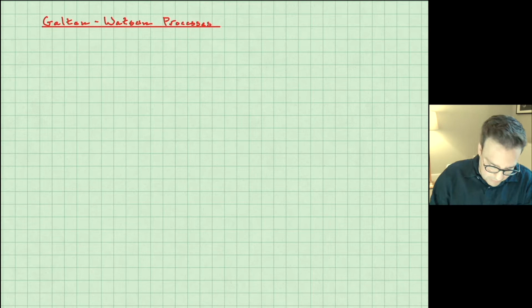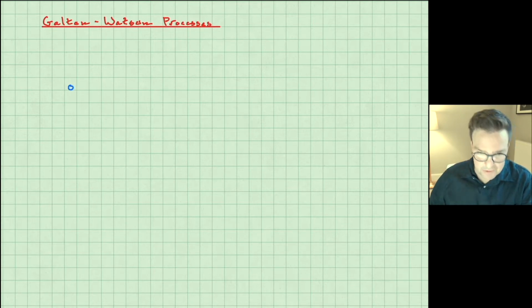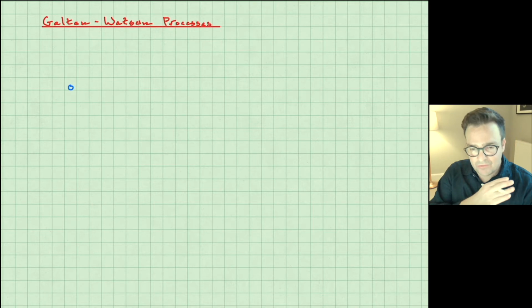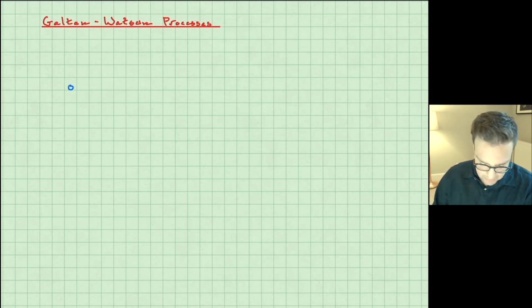Let's represent an example object from that population with a little circle on our drawing here. Time is going to progress as you move to the right on the drawing, and at the initial time, we're going to suppose that the population was 1. So we'll say that x0 is equal to 1.